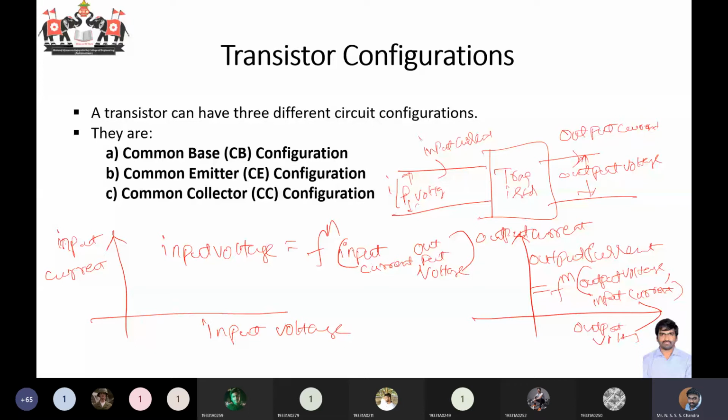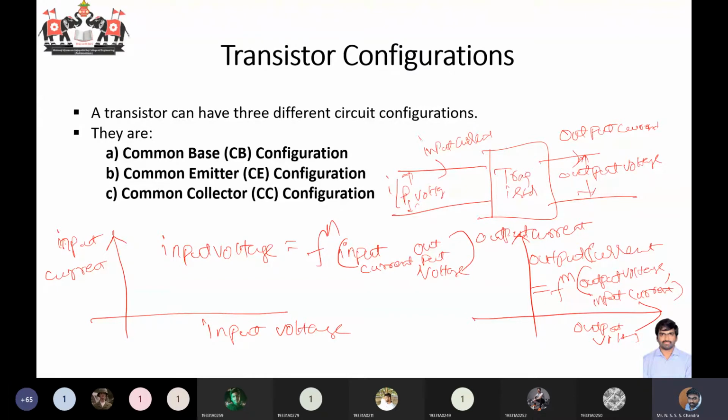Okay, so regardless of whatever configuration you're going to take, this will be your general schematic diagram of your characteristics. So input characteristics will be between input voltage versus input current, where your input voltage will in turn depend upon your input current and output voltage.